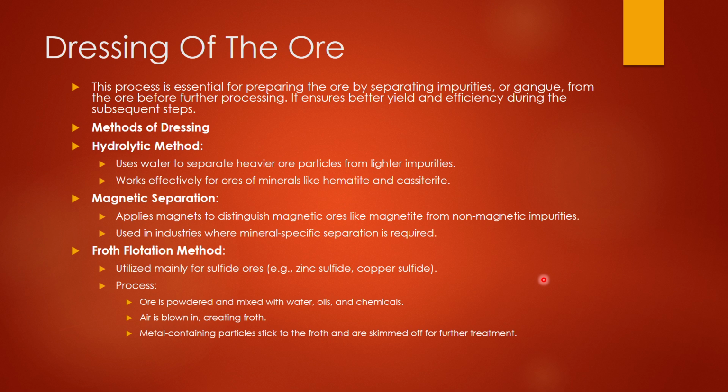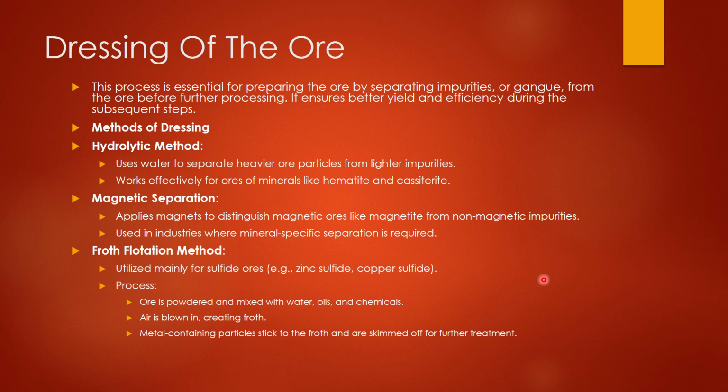This ensures a better yield of the ore and efficiency during subsequent steps. When we separate the impurities, only the pure form comes out, and pure form is better than impure form. So this makes the yield of the ore better, and its efficiency also increases.